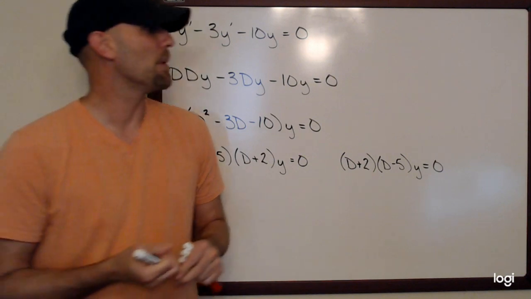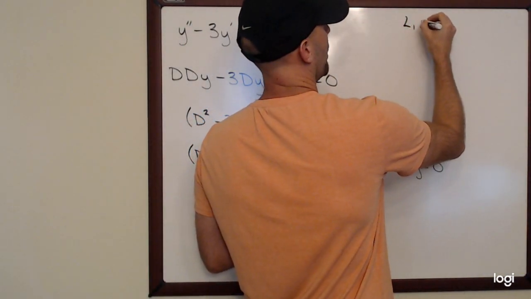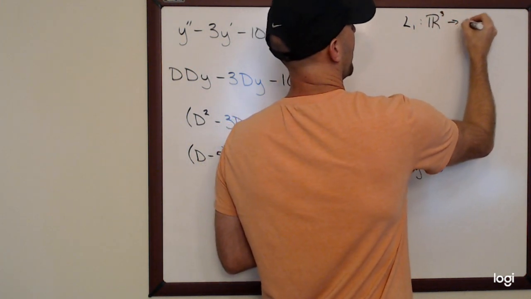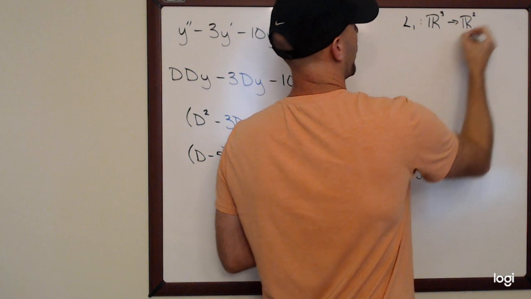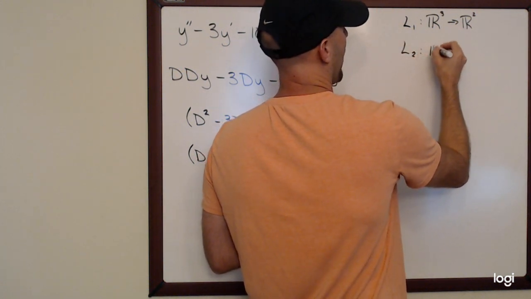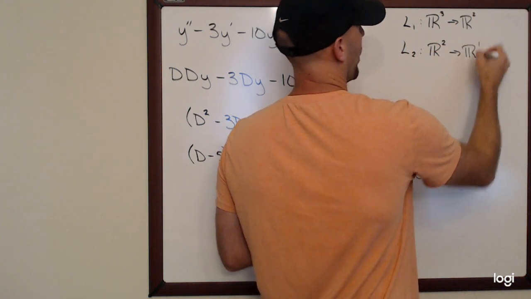Yeah? I mean, if you consider, let's say, L1 maps R3 to R2, L2 then maps R2 to R1, right?